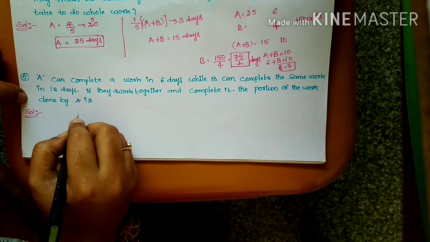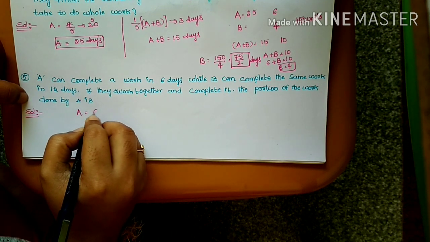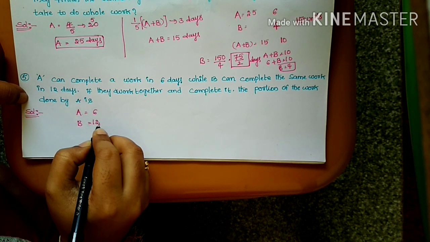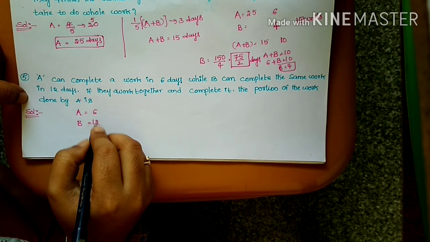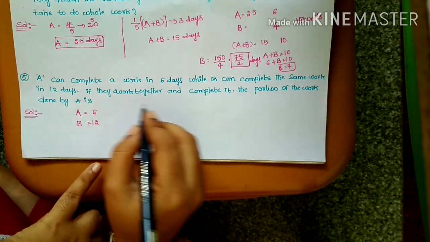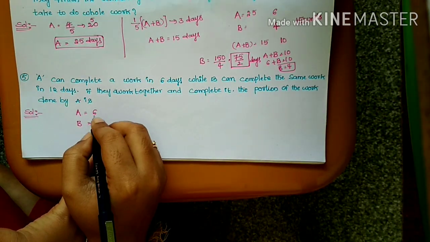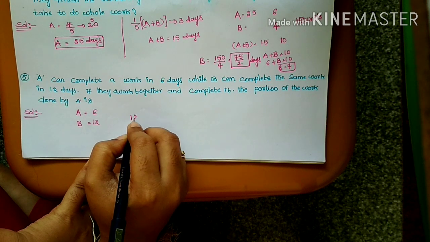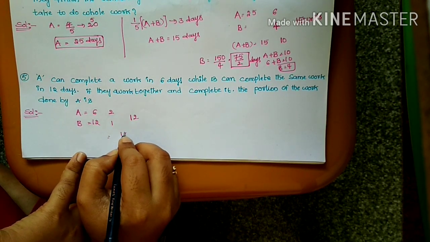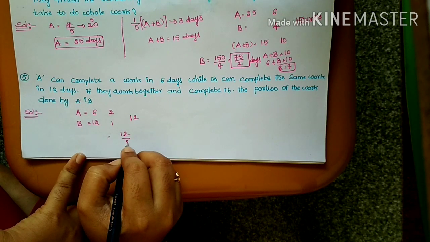First of all, A is 6 days, B is 12 days. Both together complete it. So what is the LCM? 12. 6 twos are 12. So 12 by 3.